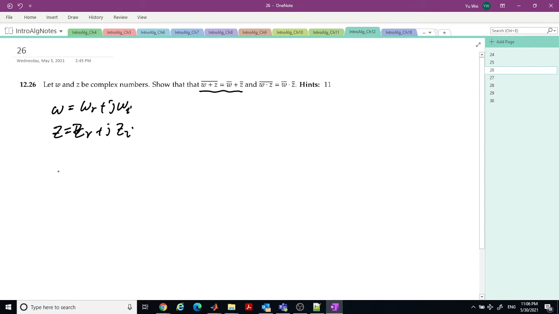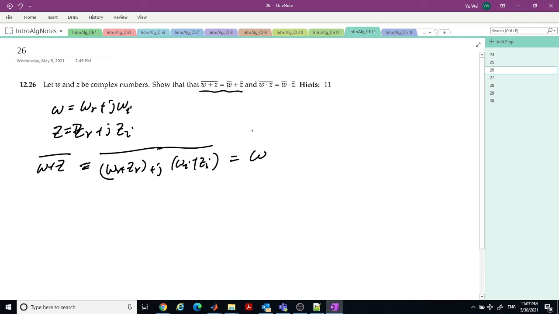Then we can see the conjugate of w plus z is equal to wr plus zr, then plus j of wi plus zi. So that means conjugate means flip the sign of the imaginary part.